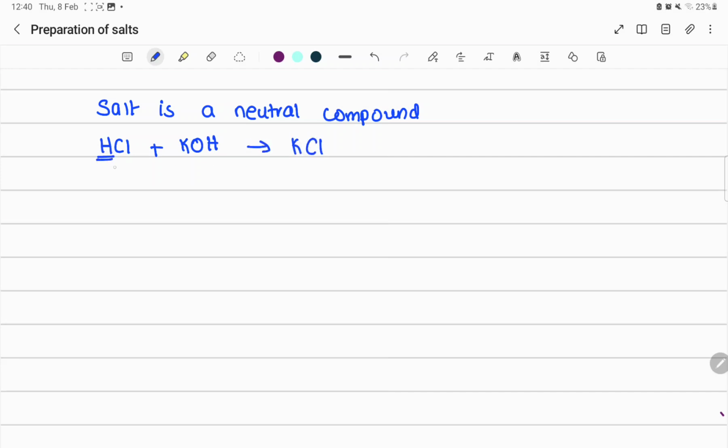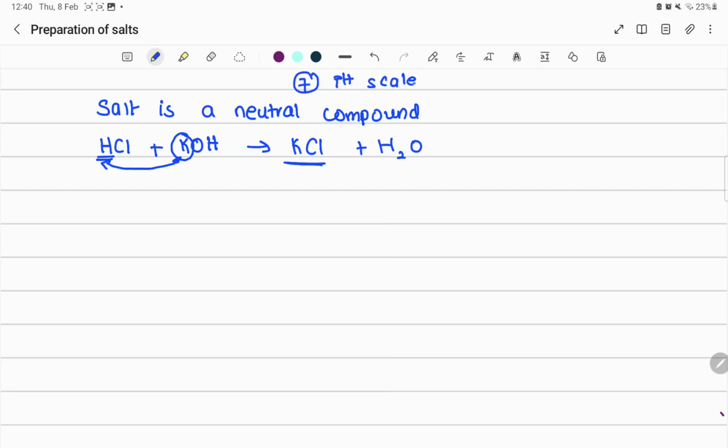So the hydrogen ion is being replaced by the potassium ion, giving you the salt, the compound potassium chloride. And of course you also have water. So neutral compound, also remember that it's number 7 on the pH scale.